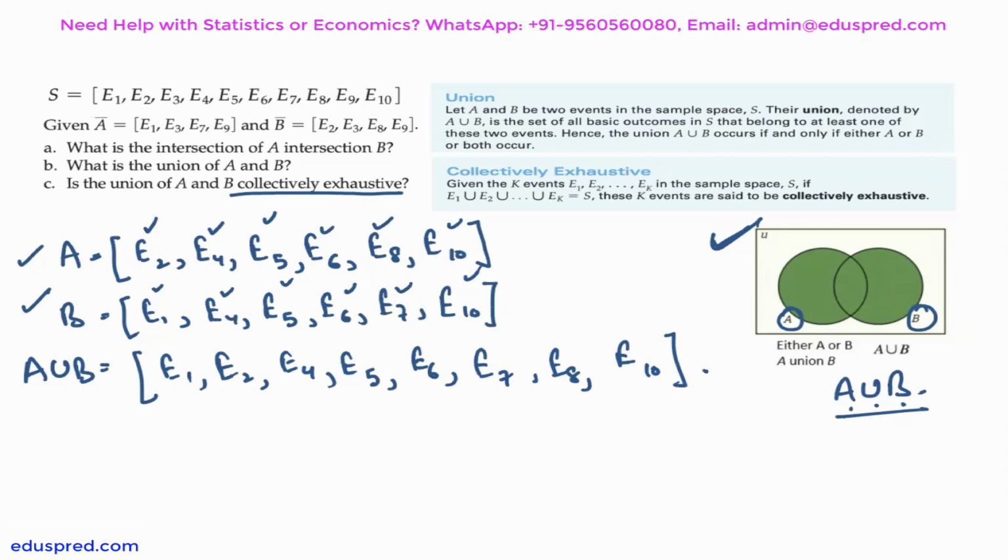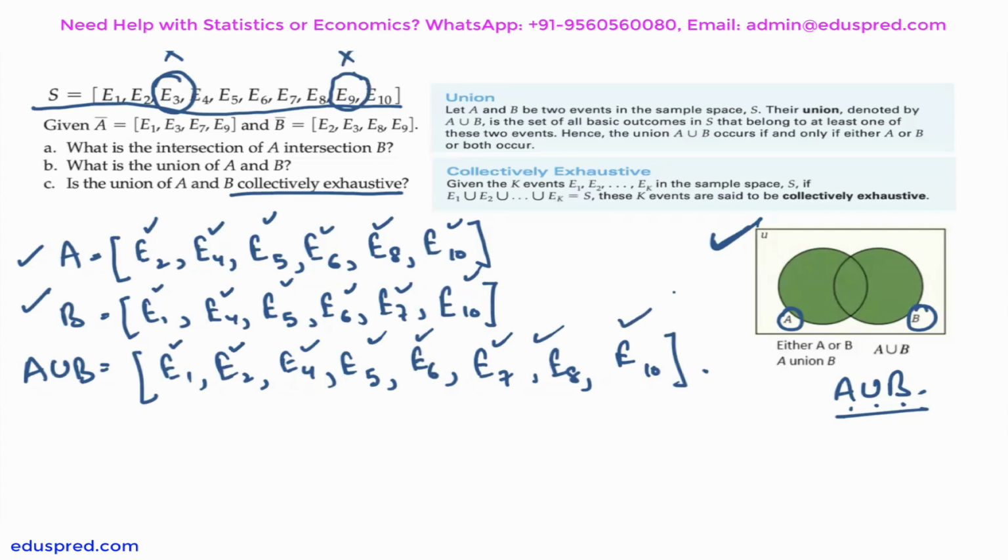So here we can compare this A union B to the sample space that we have. We can see that yes, E1 is there from the sample space, first element, E2 is there, but do we have E3 in A union B? No, we don't have E3. Then we have E4, E5, E6, E7, E8, but again, we don't have E9, and then we have E10.